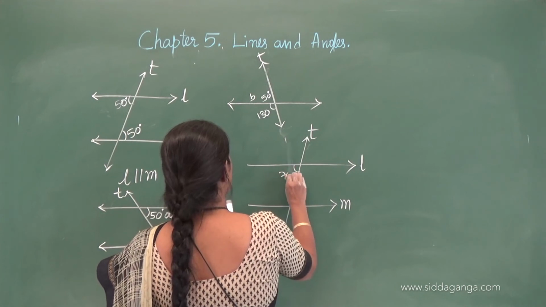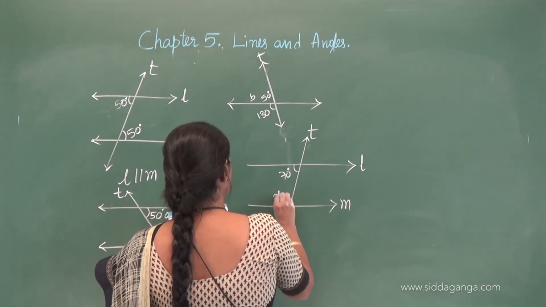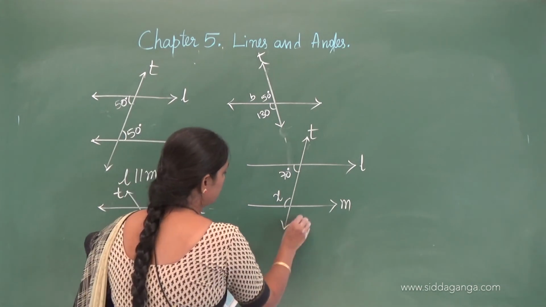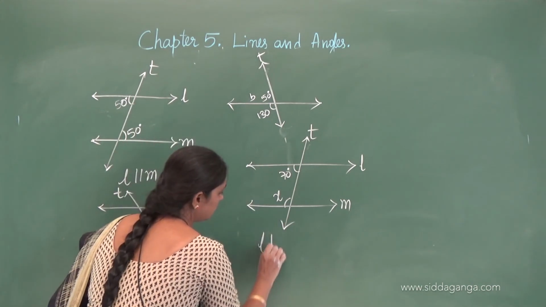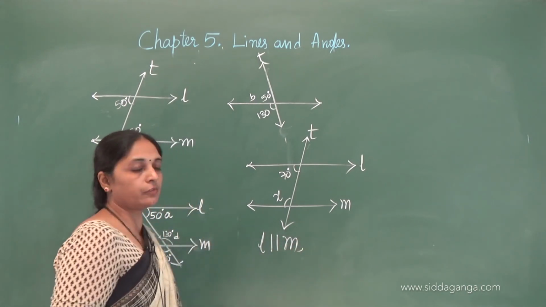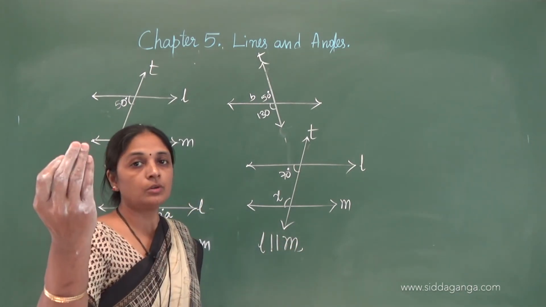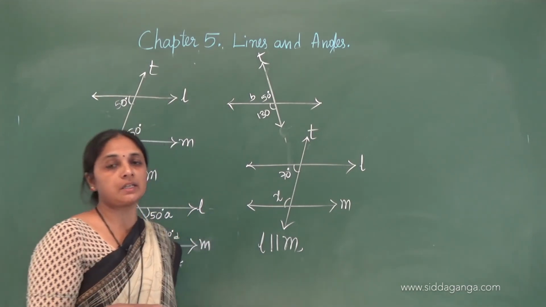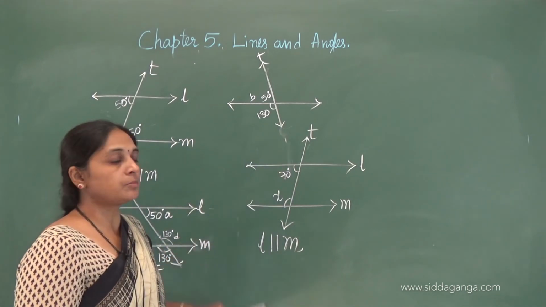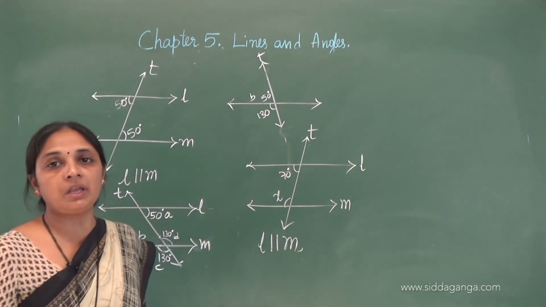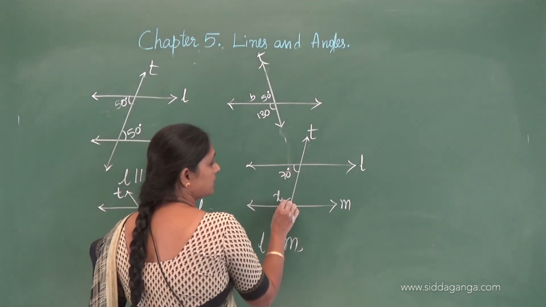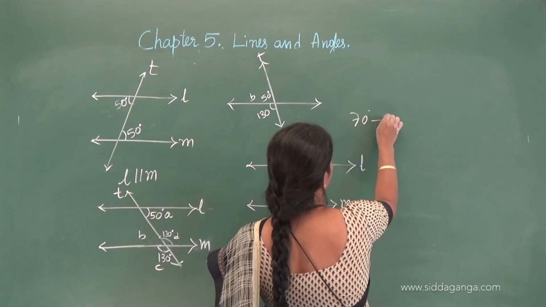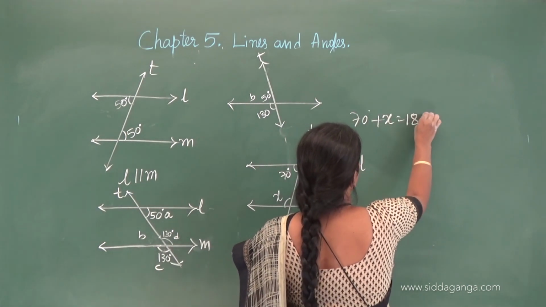It's 70 degree and it's X. They have given that L is parallel to M. If L is parallel to M, we know alternate interior angles are equal, corresponding angles are equal, and the angles present on the same side of the transversal are supplementary. Then how can we find X? 70 degree plus X is equal to 180 degree.